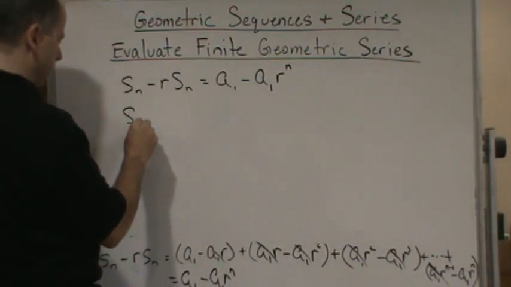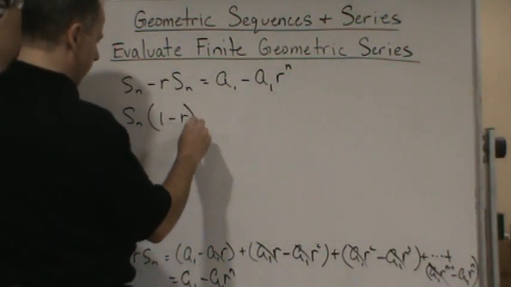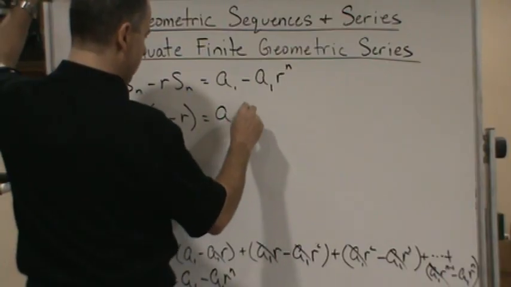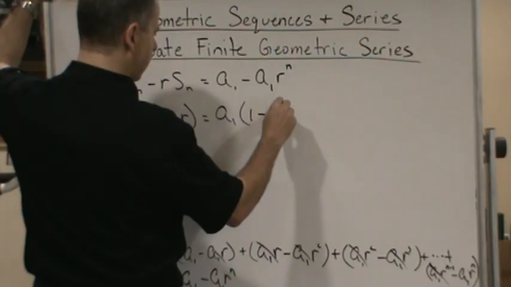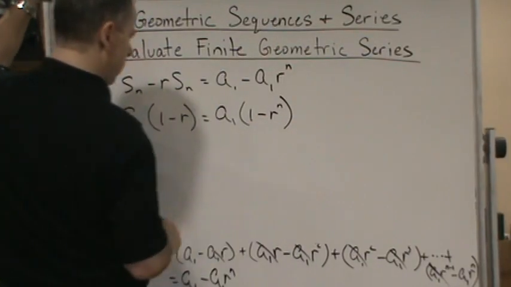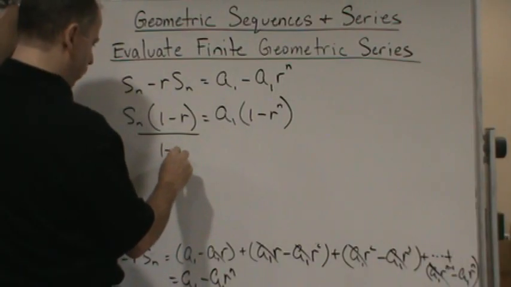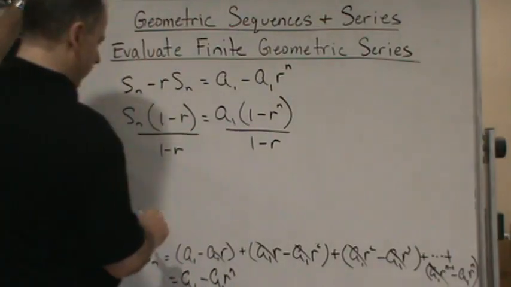S of n times 1 minus r is equal to, factoring out the a1, a1 times 1 minus r to the nth power. Of course, I'm going to divide both sides by 1 minus r, and we're done.